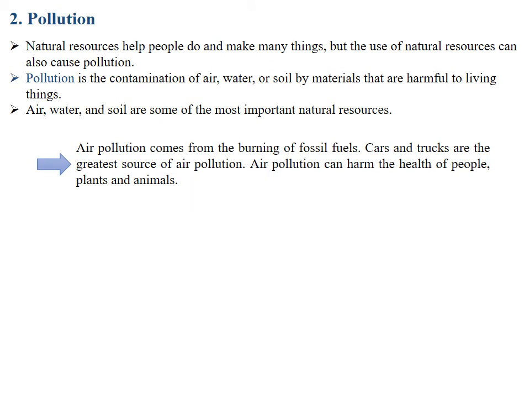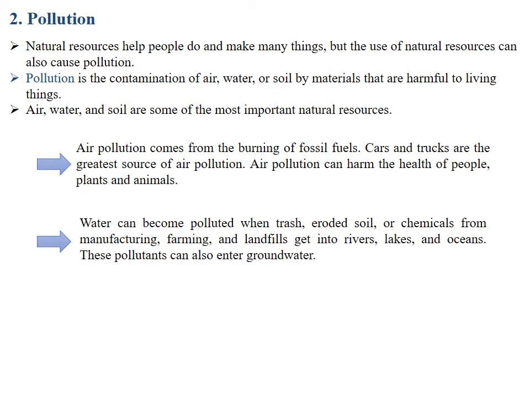Air pollution comes from the burning of fossil fuels. Cars and trucks are the greatest source of air pollution. Air pollution can harm the health of people, plants, and animals. Water can become polluted when trash, eroded soil, or chemicals from manufacturing, farming, and landfills get into rivers, lakes, and oceans.